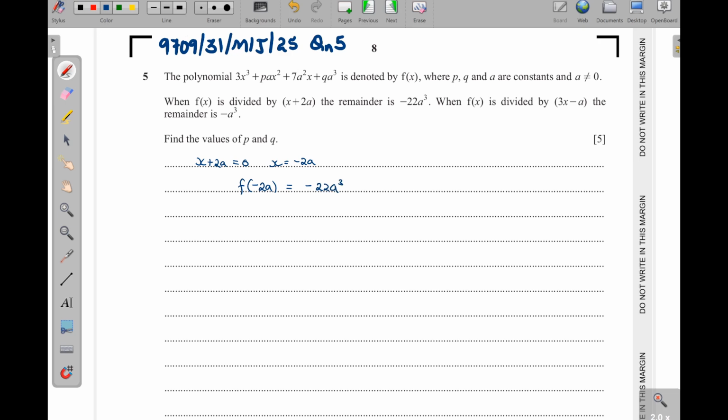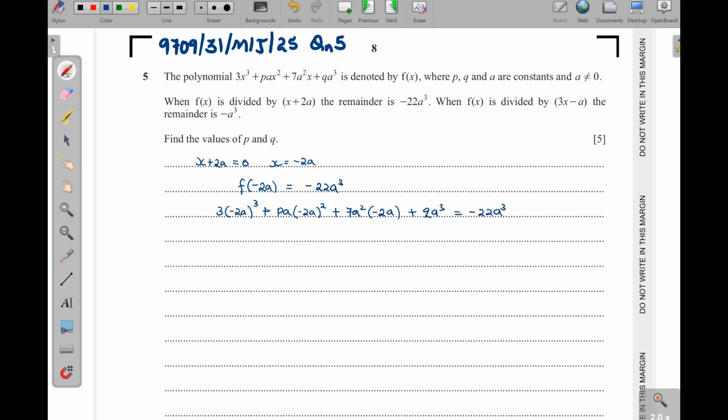So let us substitute wherever there is x, we put this negative 2a. So here we have 3 times negative 2a cubed, then p a times negative 2a squared, then 7a squared times negative 2a, and then plus q a cubed. This one is equal to negative 22a cubed.